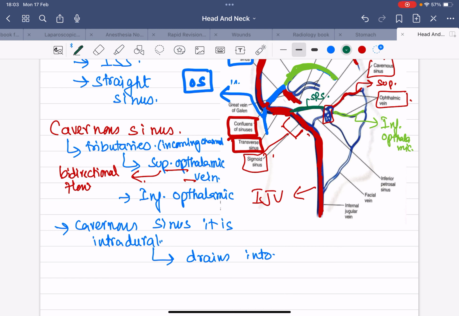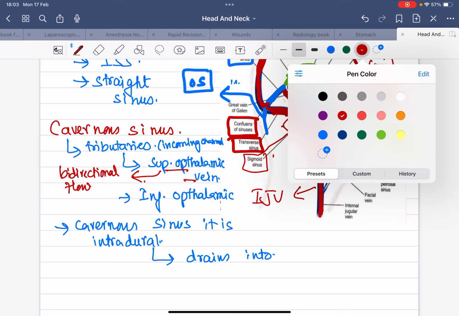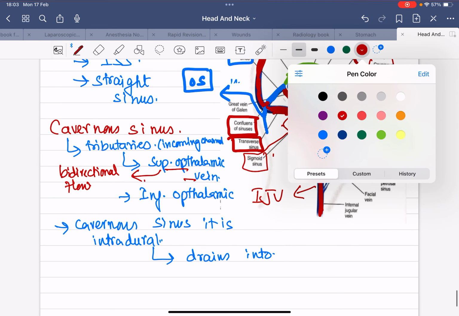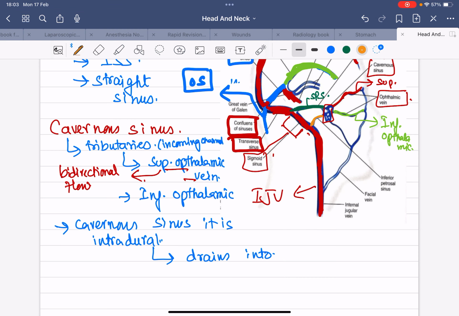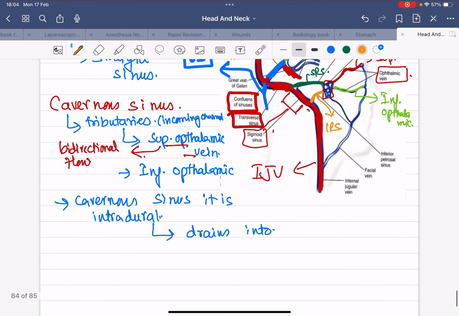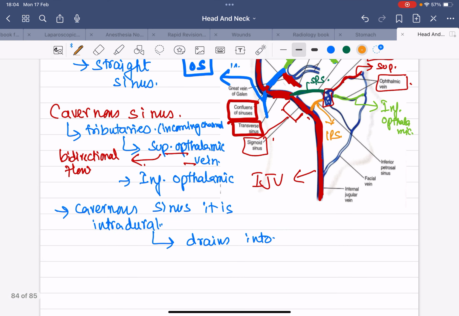And the second one is your inferior petrosal sinus, in brown color. So the cavernous sinus, which is intradural, drains into the superior petrosal sinus and into the inferior petrosal sinus.